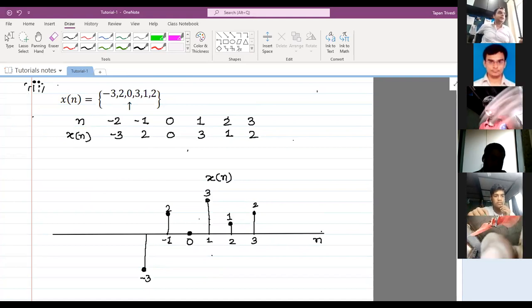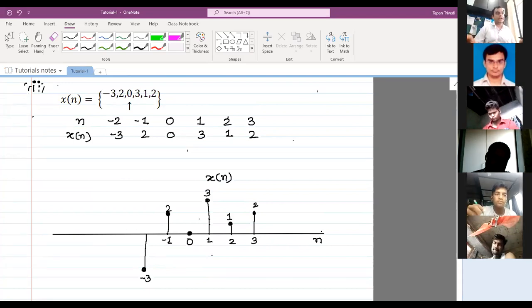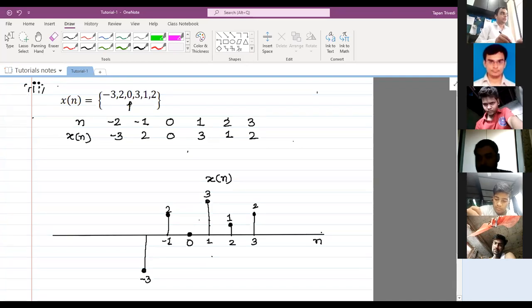See, you need to look at the value at a particular instant. Right? Now, how will you define those instants? You take the arrow. That arrow will be considered as the 0th instant. All instants on the right hand side belong to positive, and obviously you can't skip any value.